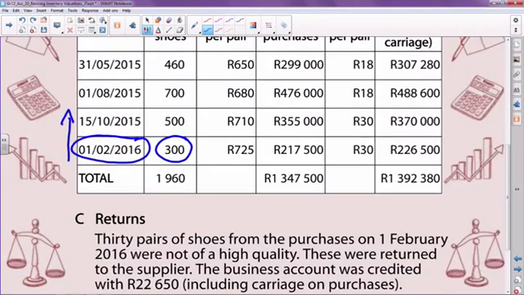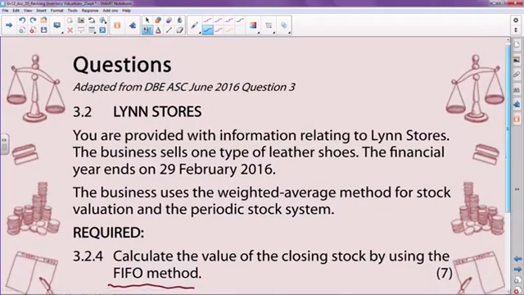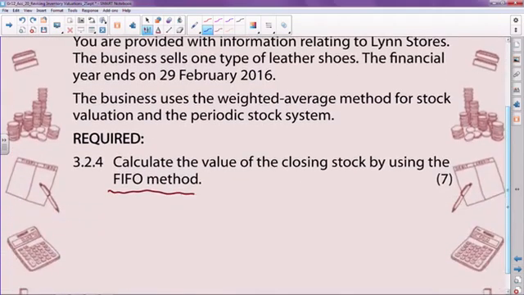And if they were returned, you do not have 300 of them left over anymore. You only have 275 units of those left over. Make sense?